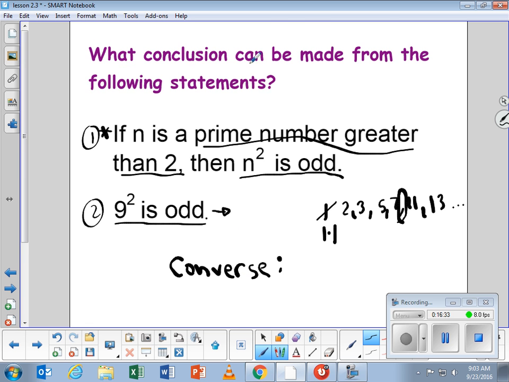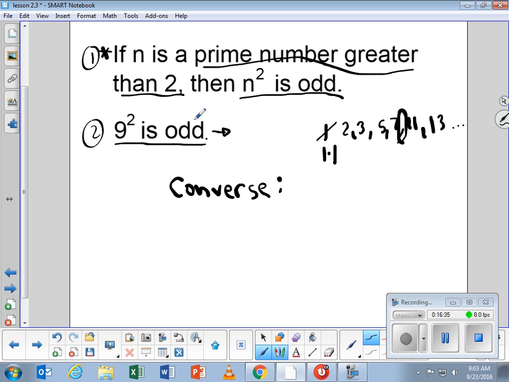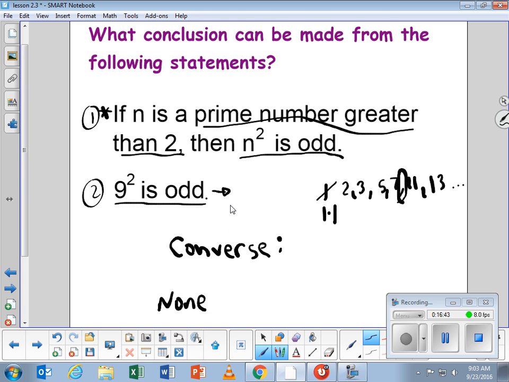So what conclusion can be made from the following statements? None. We do not have enough information. Okay? We do not have enough information. If n is a prime number greater than 2, then n squared is odd.